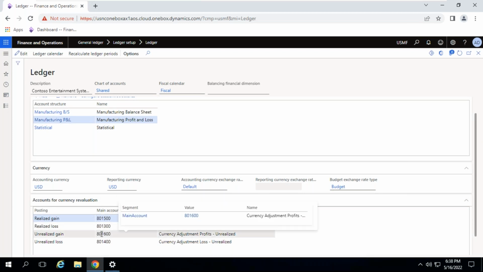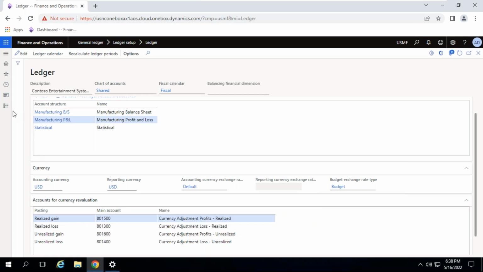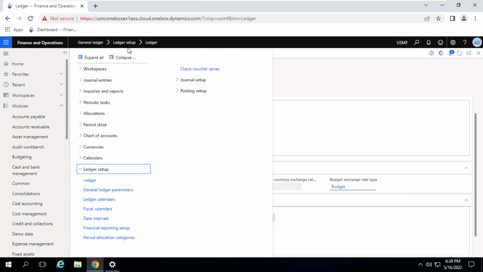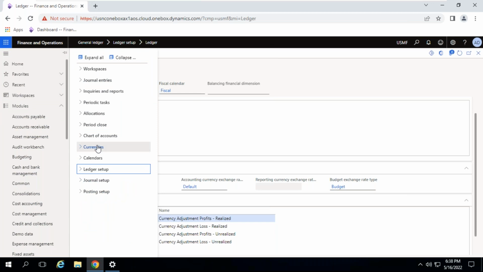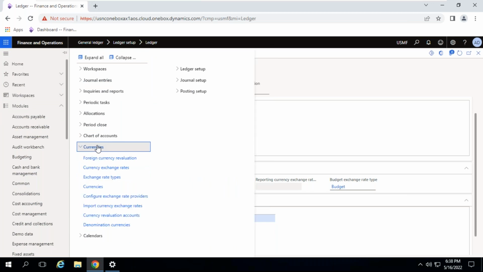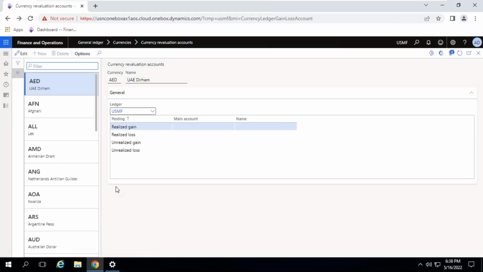If you map it, it will be applicable for all currencies. If you want different numbers for each currency, then you can use currency revaluation accounts. So if you want to map each currency-wise, you can. Clear? Got it.